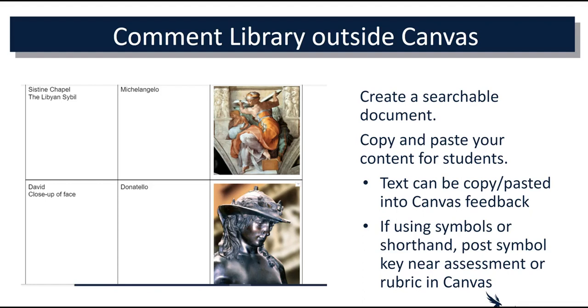Can you determine this or identify this on a multiple choice exam? And here I would say, here it is. You could see it. So, you could do feedback like that pretty easily in your comment library for those really difficult items that you can't normally comment on with the Canvas SpeedGrader comment library.